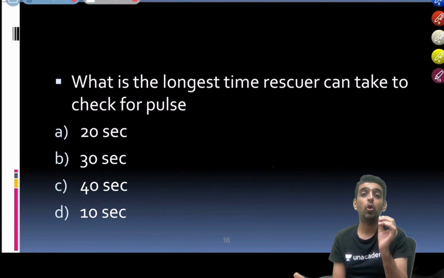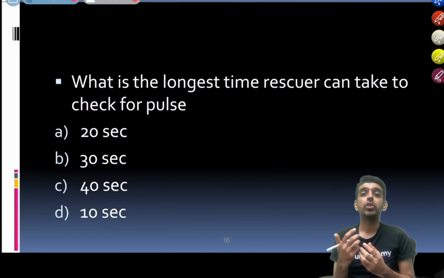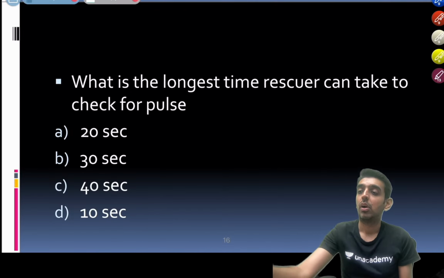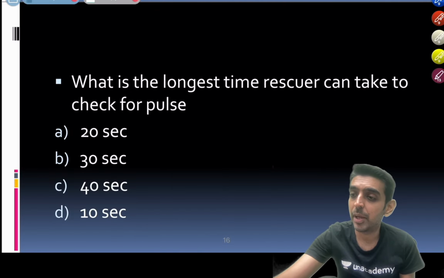What is the longest time a rescuer can take to check for pulse?